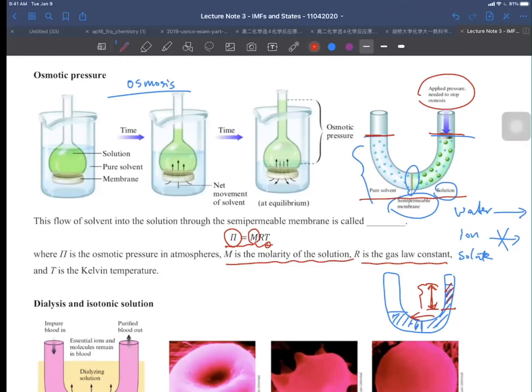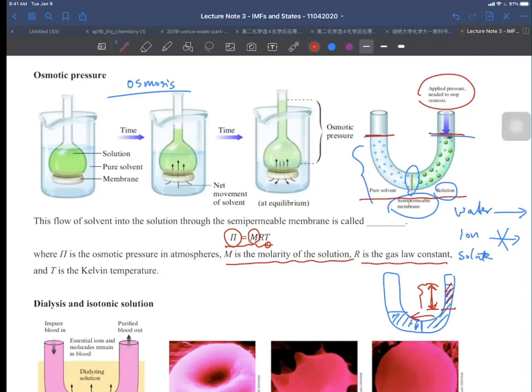You don't have to memorize this equation, but keep in mind that the osmotic pressure is proportional to the molarity. Because there's no temperature change, we can use molarity. We don't have to use molality anymore, right?